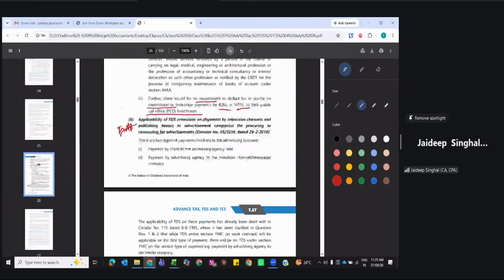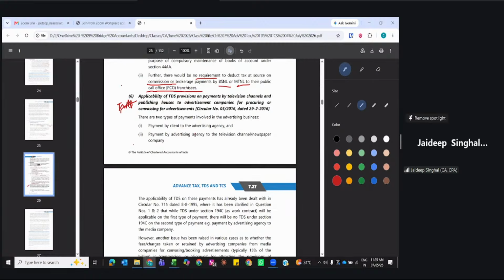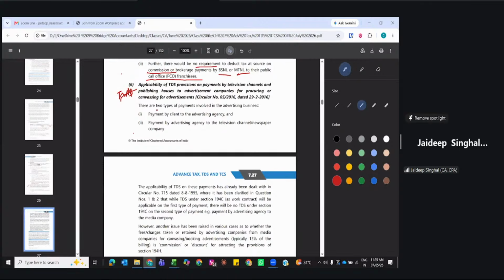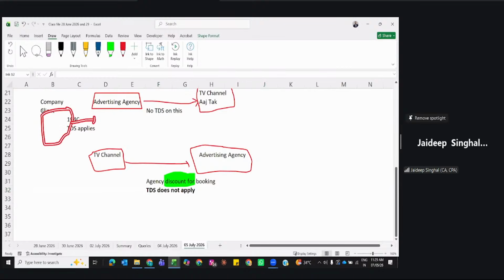Applicability of TDS provisions on payment by television channels and publishing houses to advertising companies for procuring or canvassing advertisements. There are two types of payment: payment by the client to the advertising agency, and by the advertising agency to the television channel.